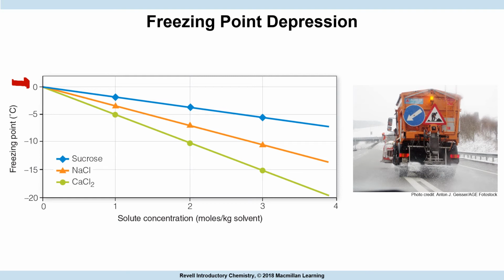We see that the more concentration, the lower the freezing point is. We could also look at the difference here. So with sucrose, it's got this kind of freezing point depression, a little more steeper depression with sodium chloride, and even a steeper more with calcium chloride.